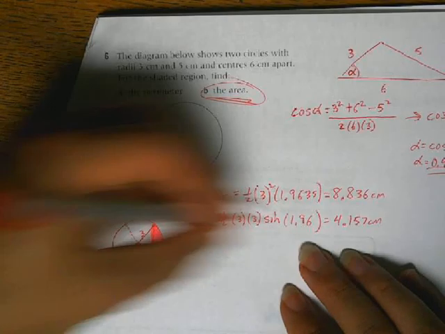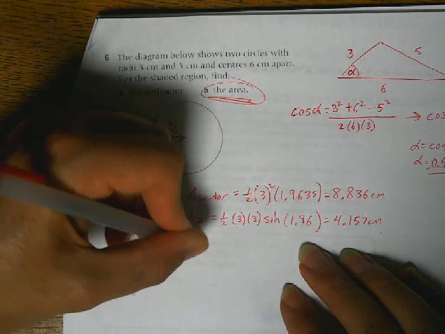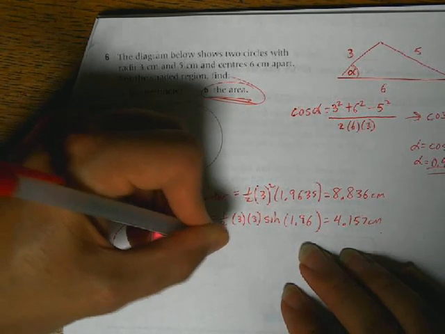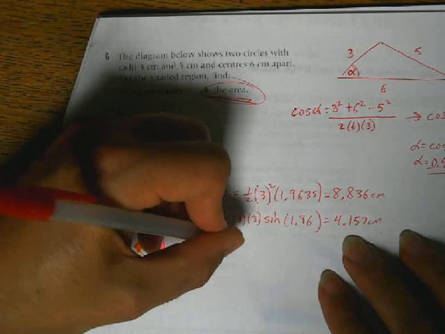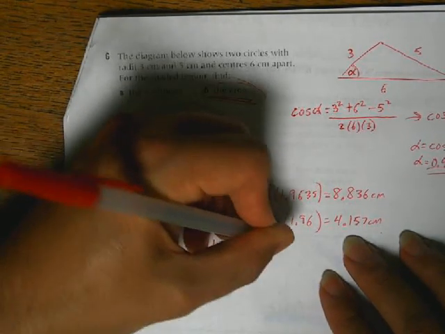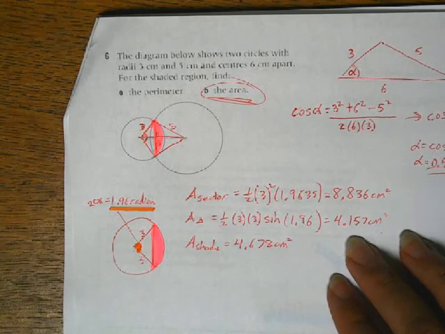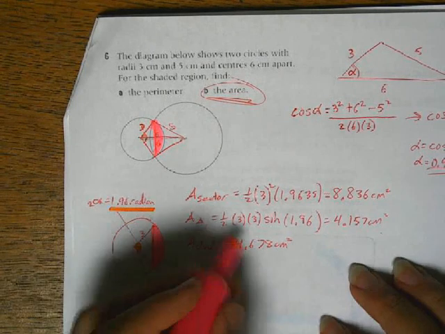So I subtract those from each other, and the area shaded is 4.678 centimeters squared. Okay, so that's the area of this pink region.